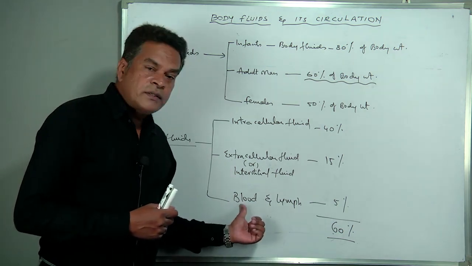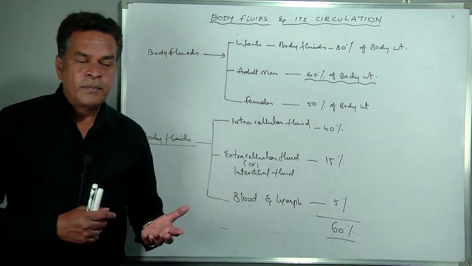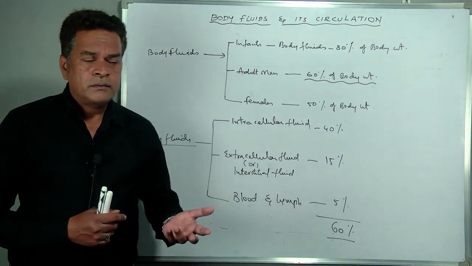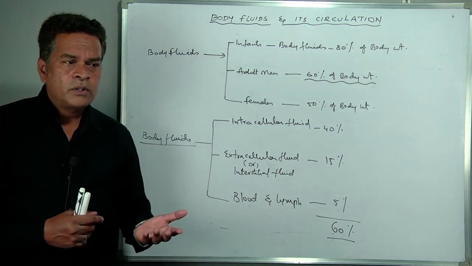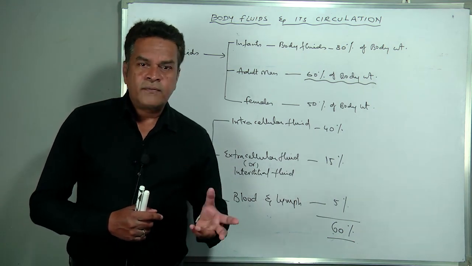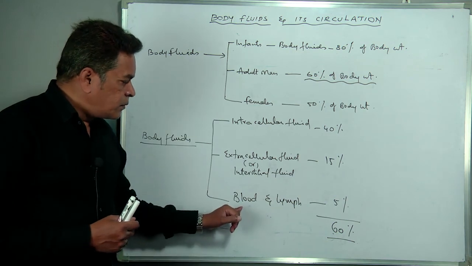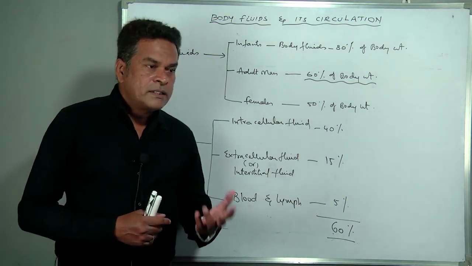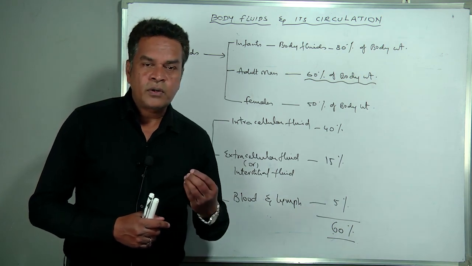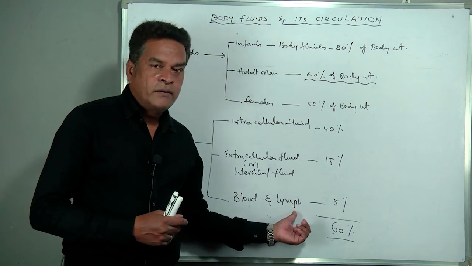Under the blood vascular system, we need to discuss the components of blood, the blood vessels, the heart, its structure and functioning. And in the lymphatic system, what lymph is, how and where lymph formation takes place, and the composition of lymph, in detail.